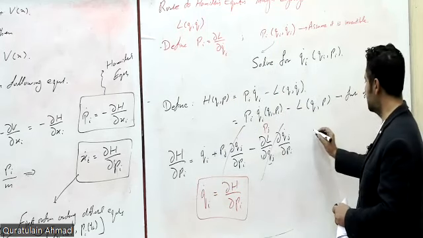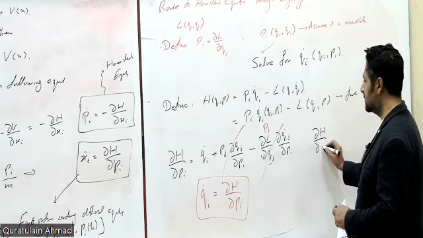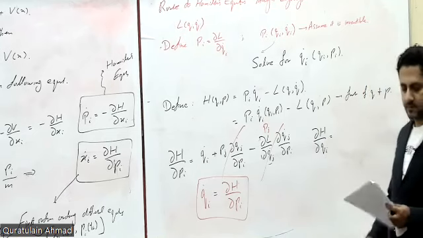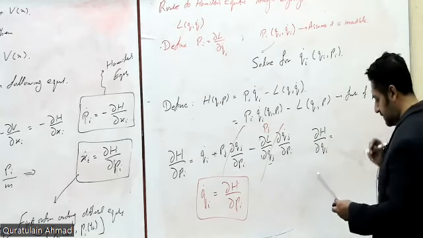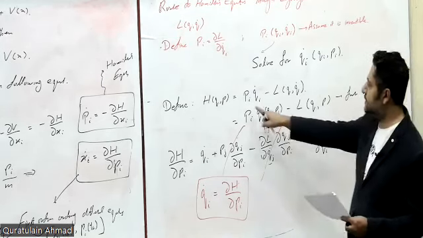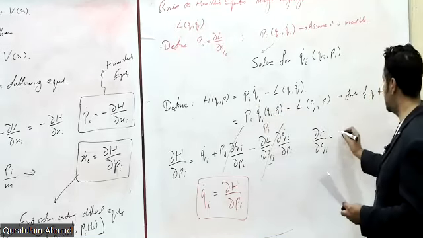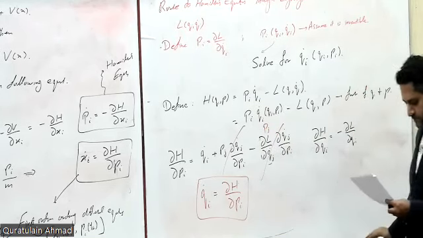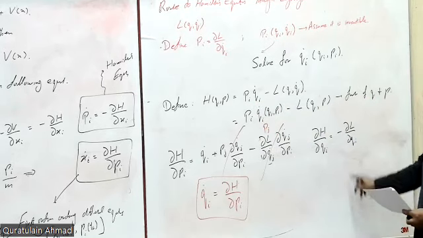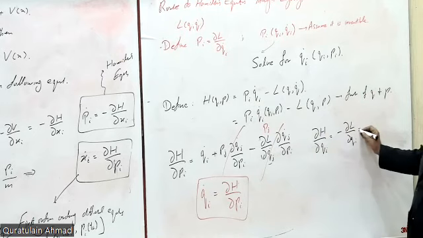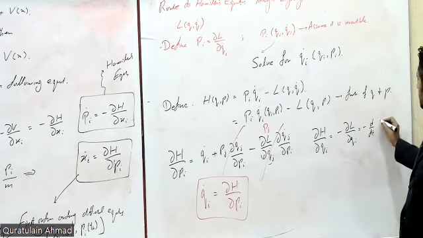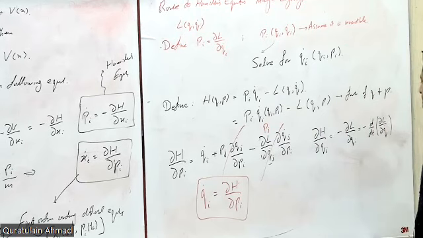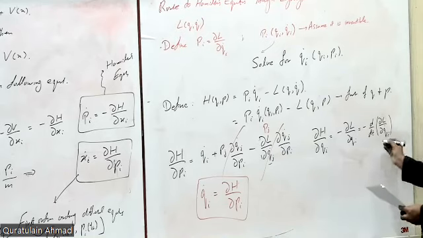Similarly, when I do this, ∂H/∂q_i, there is no dependence here, it only comes from here, minus ∂L/∂q_i. Now I use the Euler-Lagrange equation. The Euler-Lagrange equation says that this is minus d/dt of ∂L/∂q̇. But ∂L/∂q̇ is p_i.